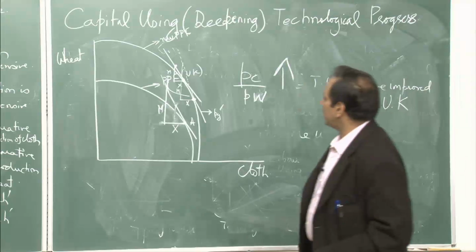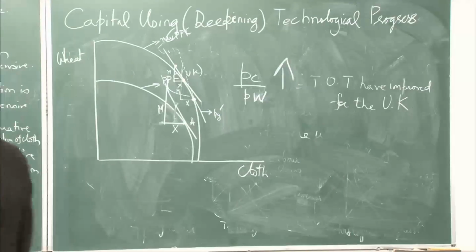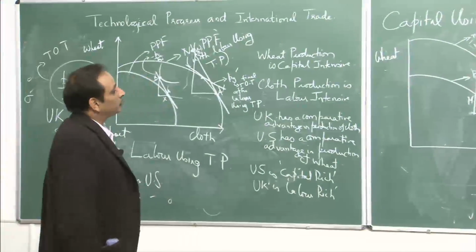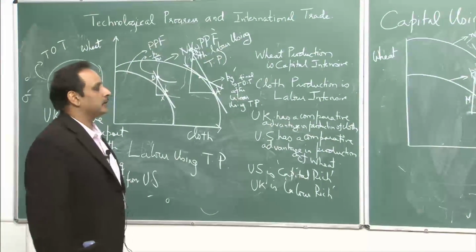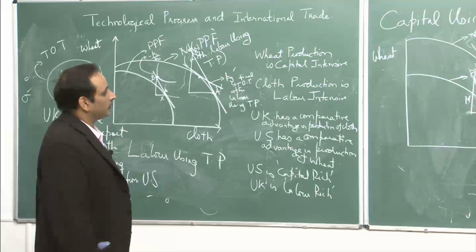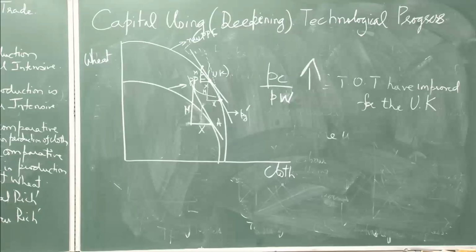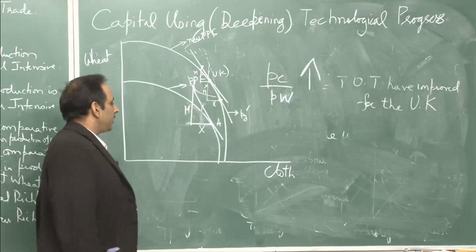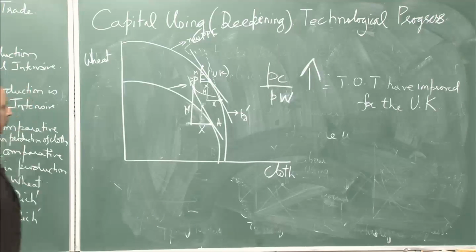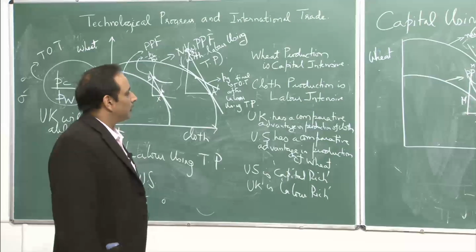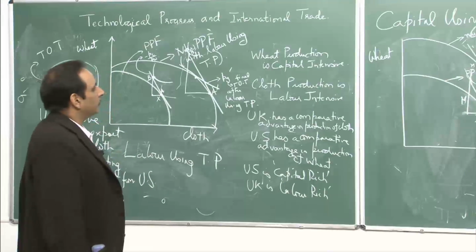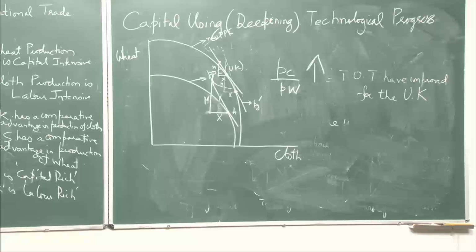So, you see that with the capital using technological progress, the terms of trade for the United Kingdom improves, because that is the only way that UK can export less of cloth and import less of wheat from the United States.